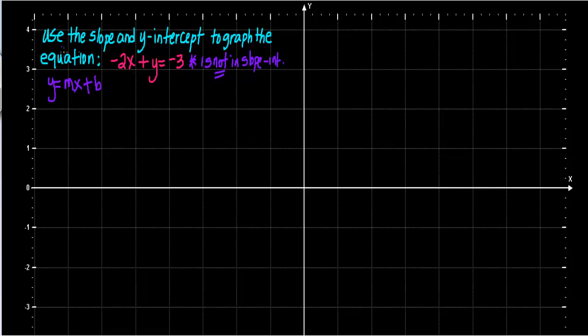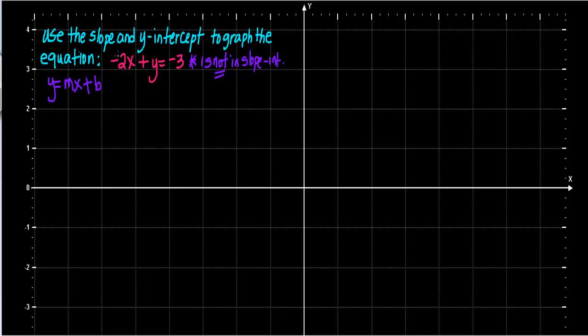So before we try to graph this line, we need to have it in slope-intercept form. So we need to have this y alone on this side of the equal sign, just like we have it here. Y is alone. Then comes the equal sign, and then comes mx plus b.